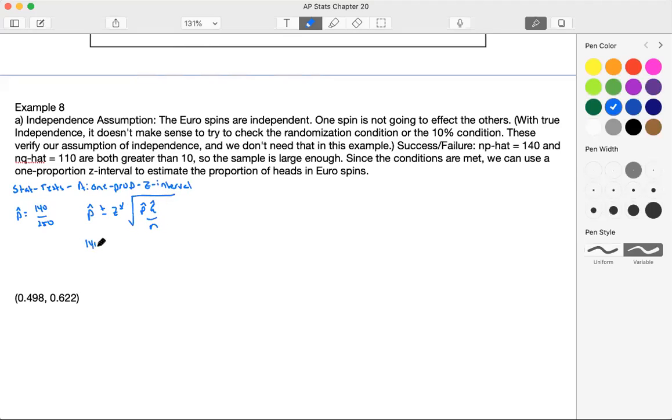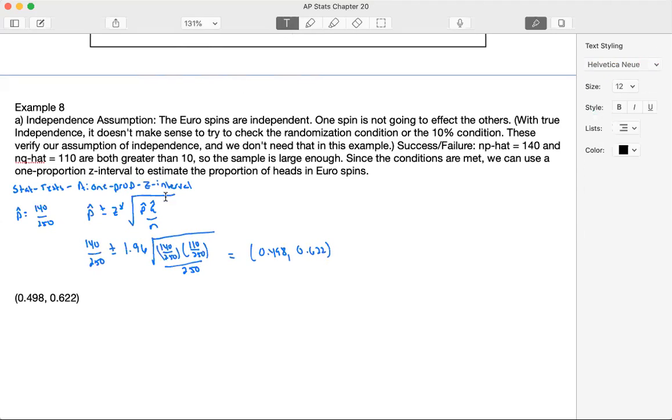So you have 140 divided by 250 plus or minus, and we're going to construct 95% confidence intervals, 1.96 times the square root of 140 over 250 times 110 over 250, over 250. And when you do this, you're going to get the exact same interval or close to it, depending upon where you round. And that's where that comes from.